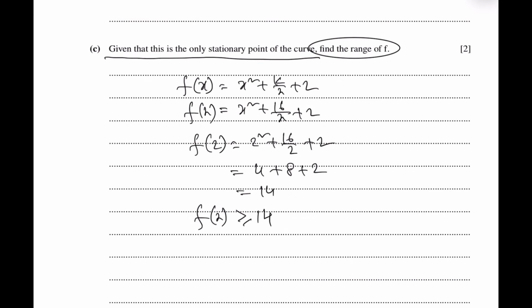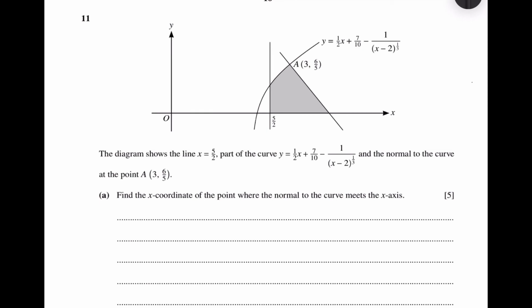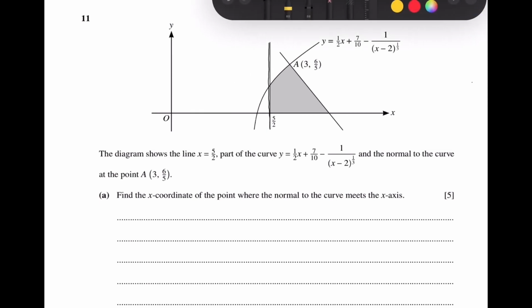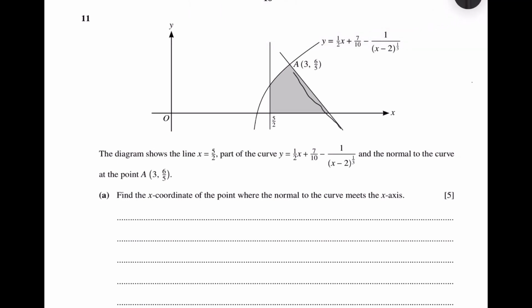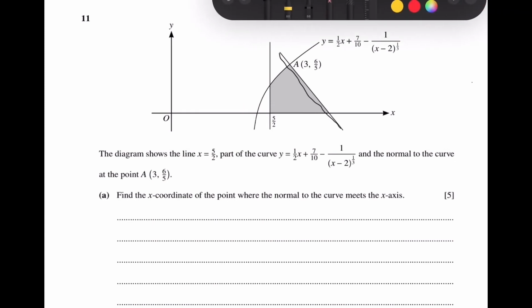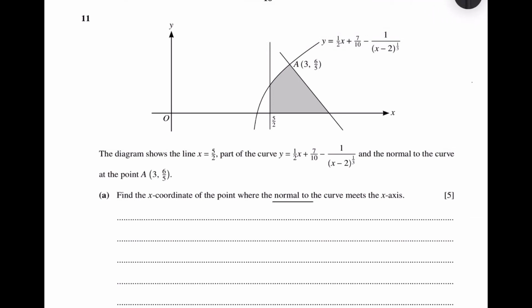Okay, now let x equal 5 by 2. This is the line for 5 by 2, and this is the normal, the line that is perpendicular to the graph. First of all we need the equation of the normal. To find it, we know that y minus y1 equals minus 1 by dy/dx times (x minus x1).